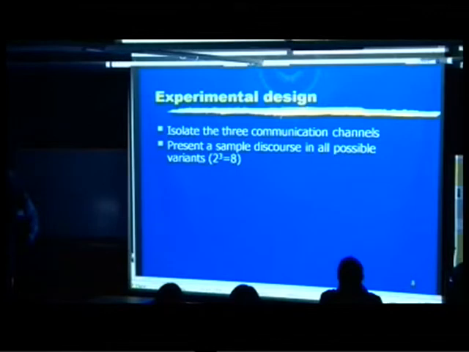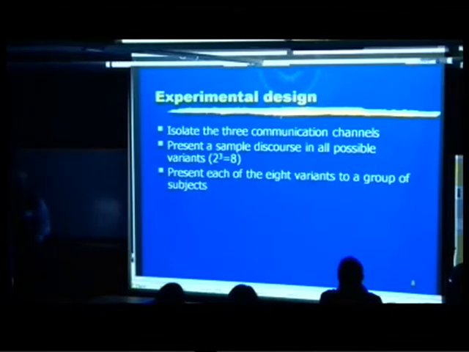Such assessment of the degree of understanding may lead to an estimate of the contributions of individual communication channels.